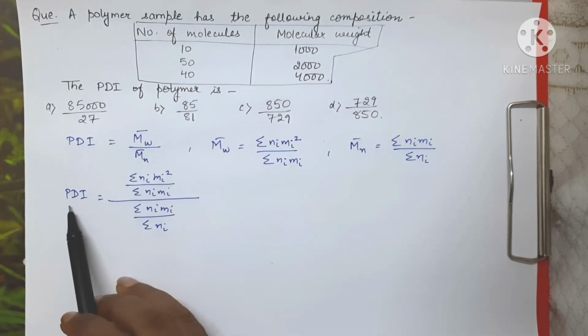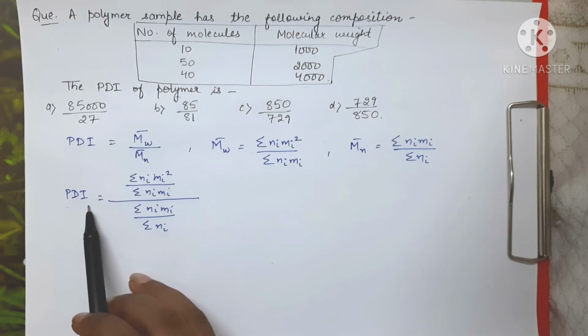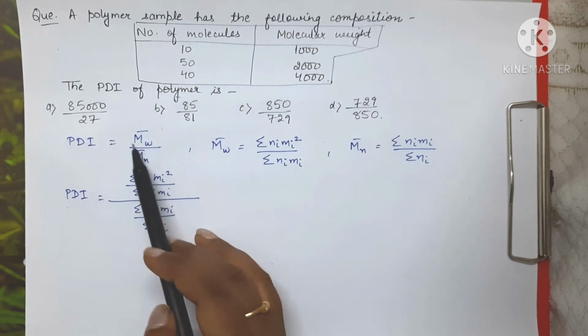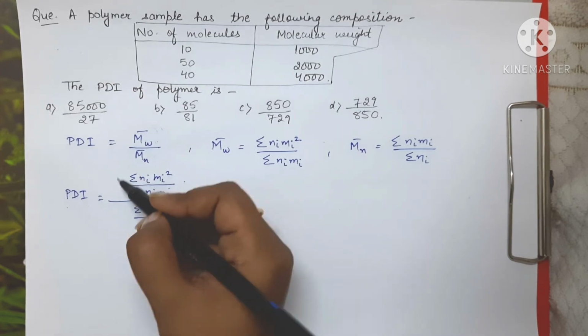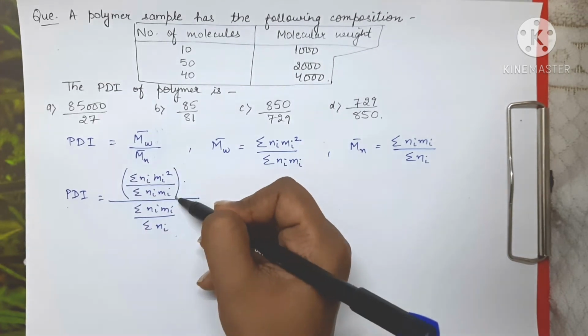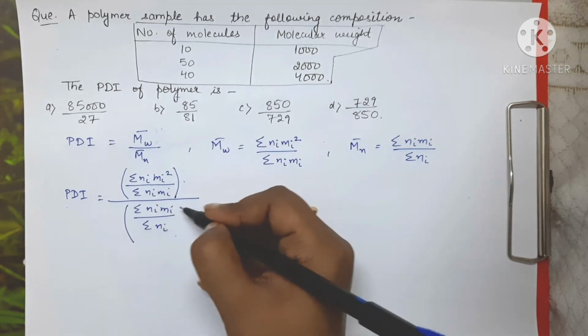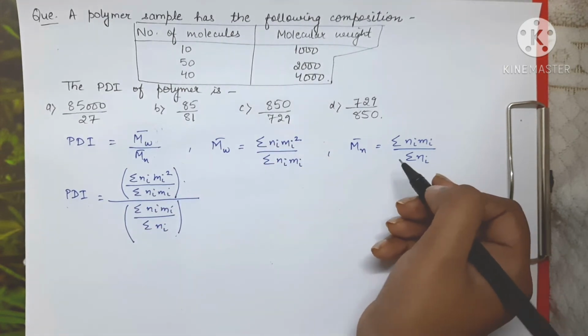In order to find out the polydispersity index, I have simply substituted the values of Mw and Mn here and here. This whole is the value of Mw and this whole is the value of Mn.